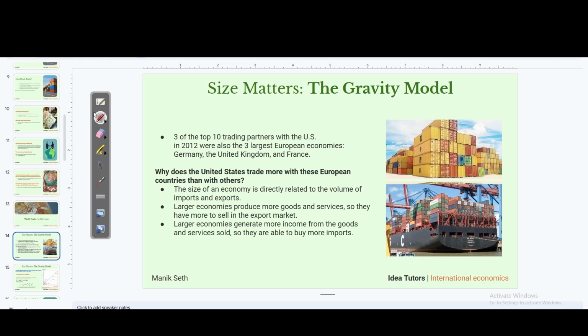A larger economy not only exports more, but obviously it can import more also. Why? Because there is a higher level of income there, and thus there is more demand also. If consumers have more income, they can demand more foreign goods, thus they are importing more also.